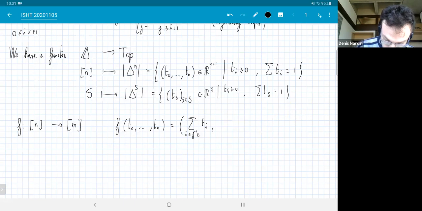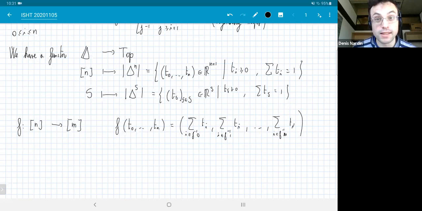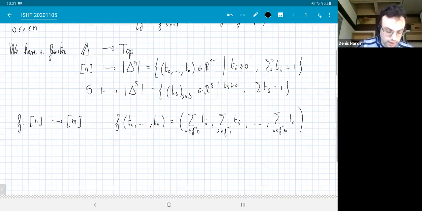I just got confused because some of these sums might be empty, in which case they're just 0. It's correct.